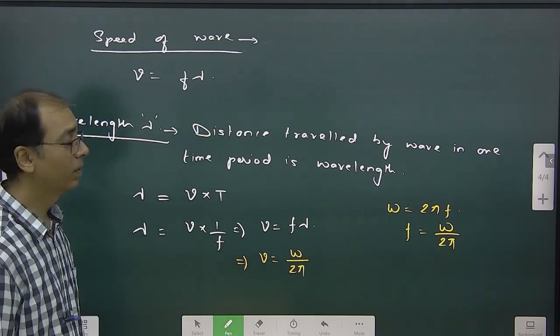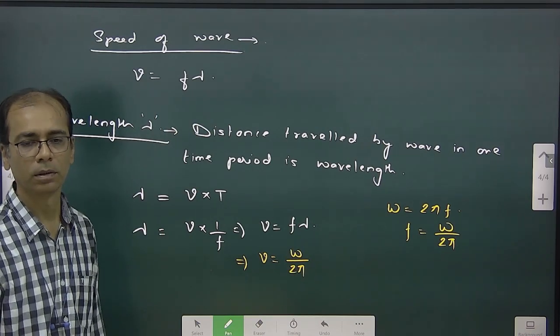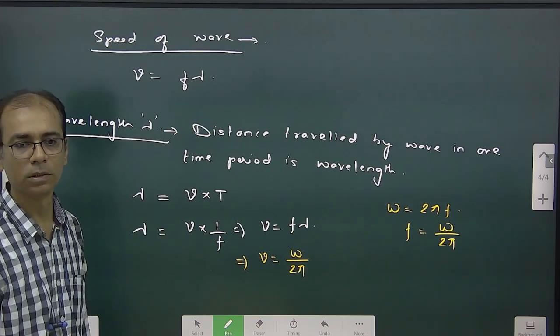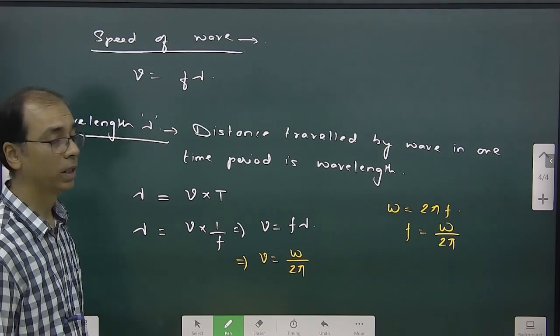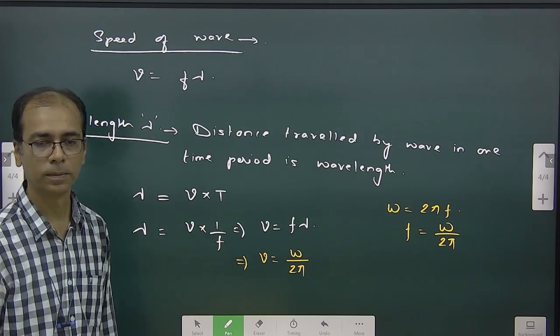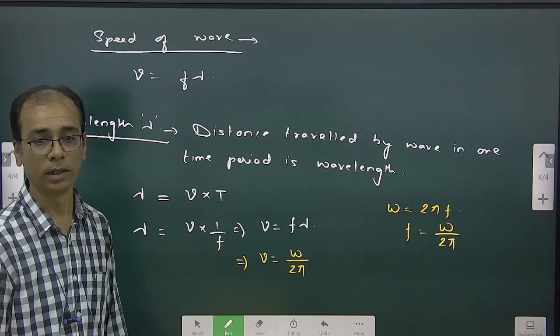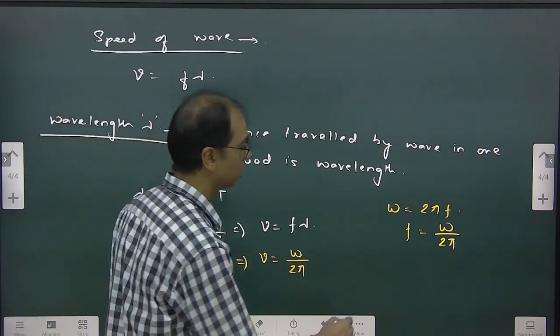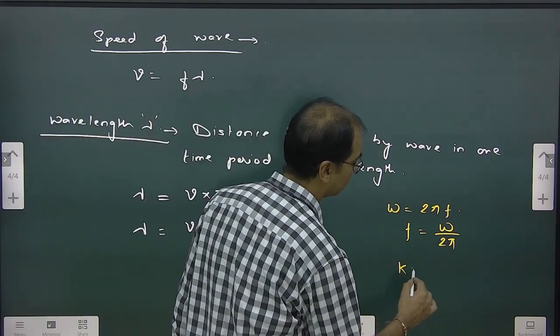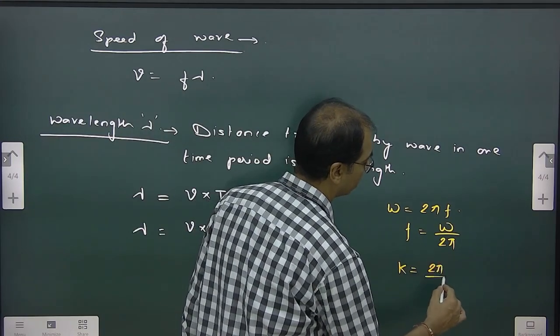Right. Same way lambda also we are changing. The form of lambda also we want to change. What form? We are going to write it in the form of propagation constant. And for propagation constant also we know, we have studied that. What is propagation constant? We represent it with k. k is equal to 2 pi by lambda.